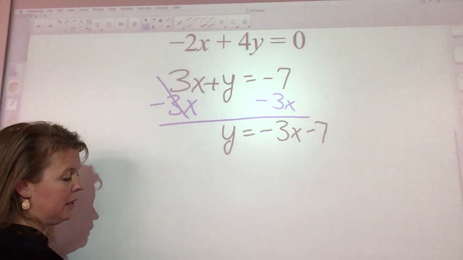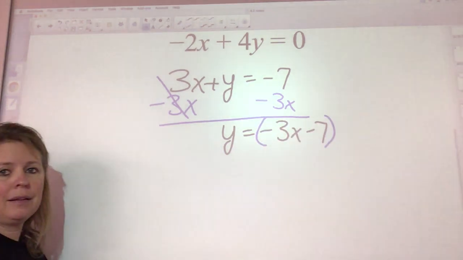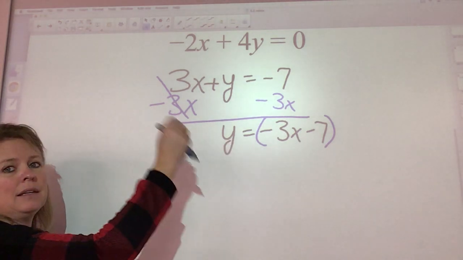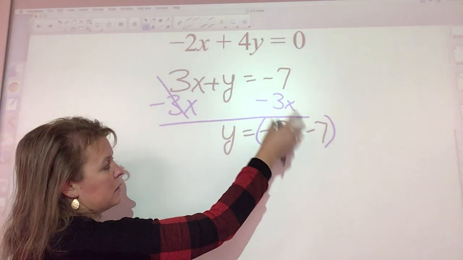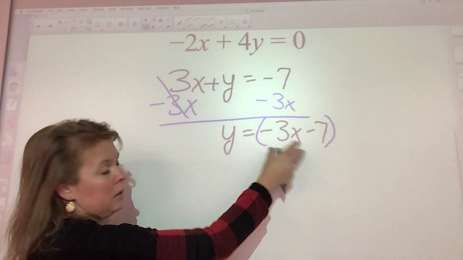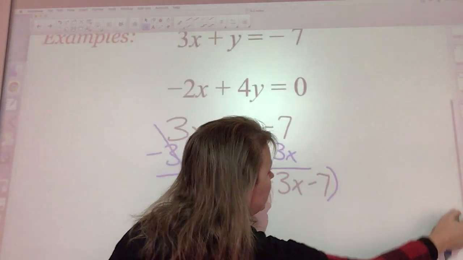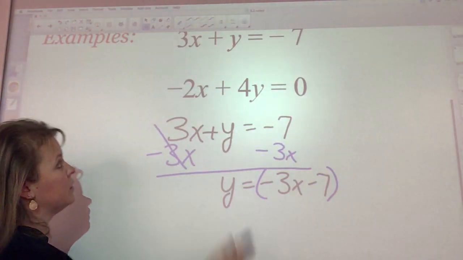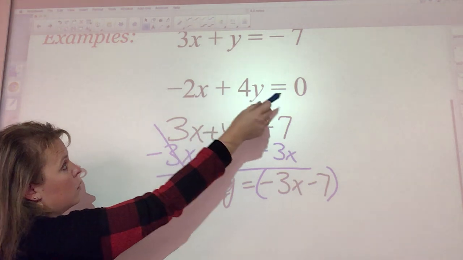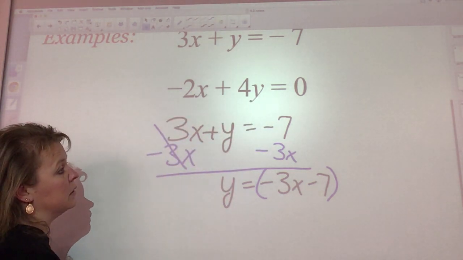And the first thing we did when we had 2 equal values is we put parentheses around that. Y is the same weight or the same size or the same value as negative 3x minus 7. So we are going to substitute that into the other equation. What's the other equation? It's negative 2x plus 4y equals 0. And that's where we started off in the previous example.